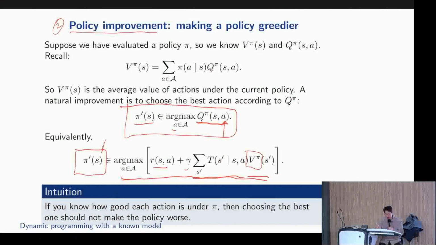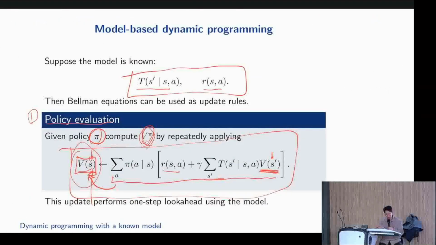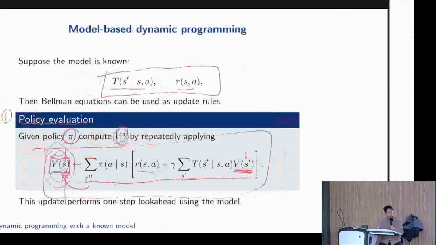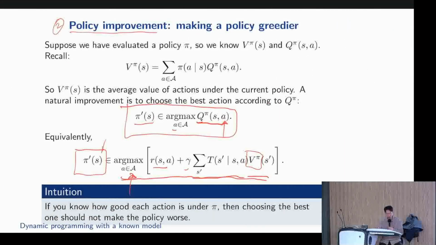Given the recomputed values, you change your policy by acting greedily according to the currently updated values. Given the policy, you reevaluate the values and repeat. So you repeat between policy evaluation and policy improvement until the policy doesn't change.